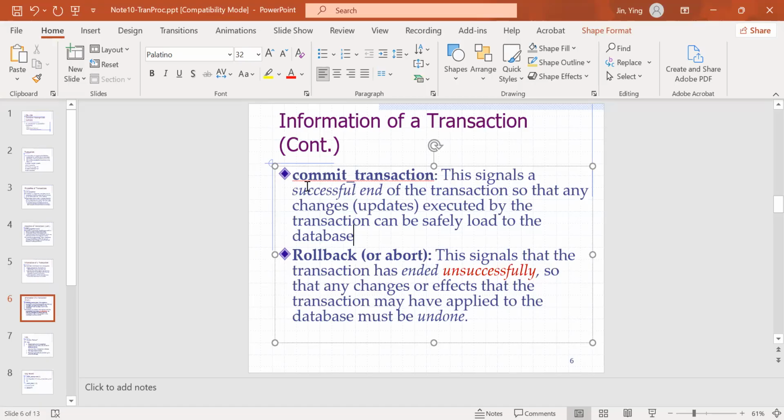Basically, you can think of commit as successful. Then for rollback, also called abort, this is the other case. We can have an unsuccessful transaction, and in that case we need to move to nothing. We need to roll back to the state where nothing happened.